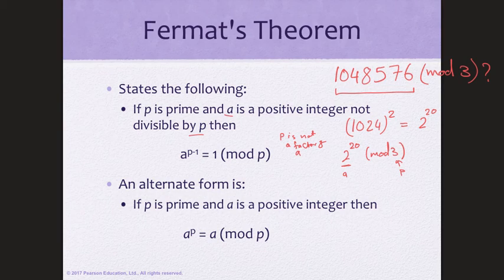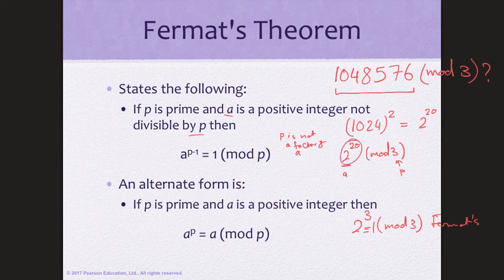So accordingly, I know that 2 to the power 3 mod 3 is definitely equal to 1, right? So 2 to the power P is equal to 1 mod P using Fermat's. How is this useful in my case?